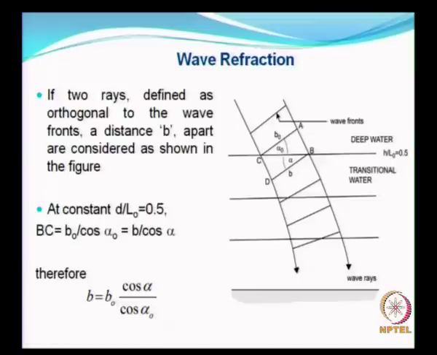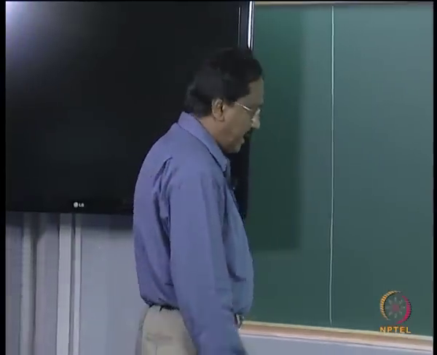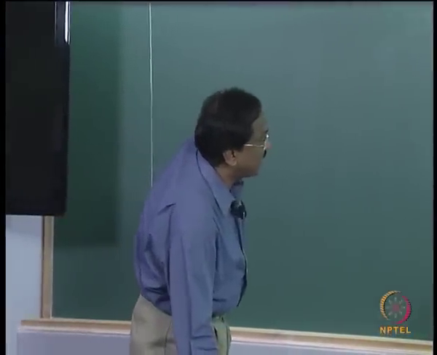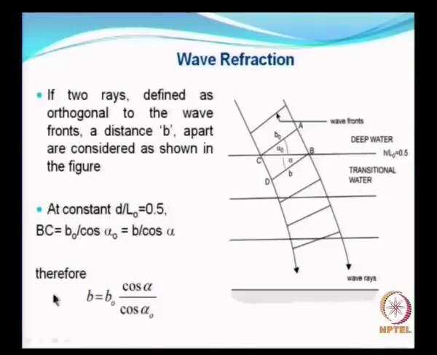In the deep water we assume the distance between the orthogonals equal to B naught, and the same distance in the transitional waters, if you assume it to be small b, then I can get a relationship at constant depth, in terms of L naught, BC, alpha naught and B naught, and in terms of b and cos alpha.